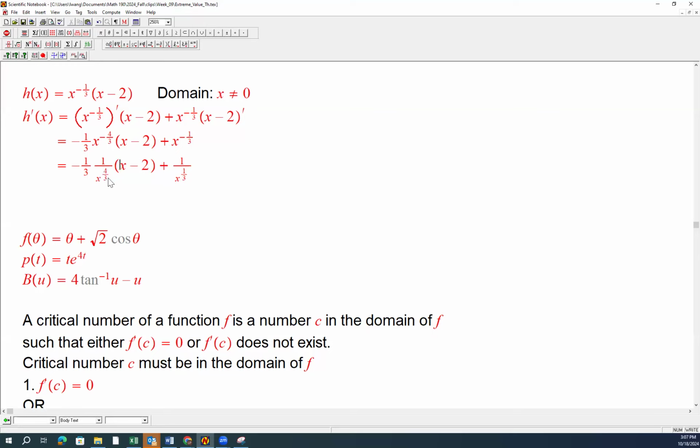The common denominator would be x to the 4/3. This piece can be written as x raised to the power 1 plus 1/3, because 4/3 equals 1 plus 1/3.